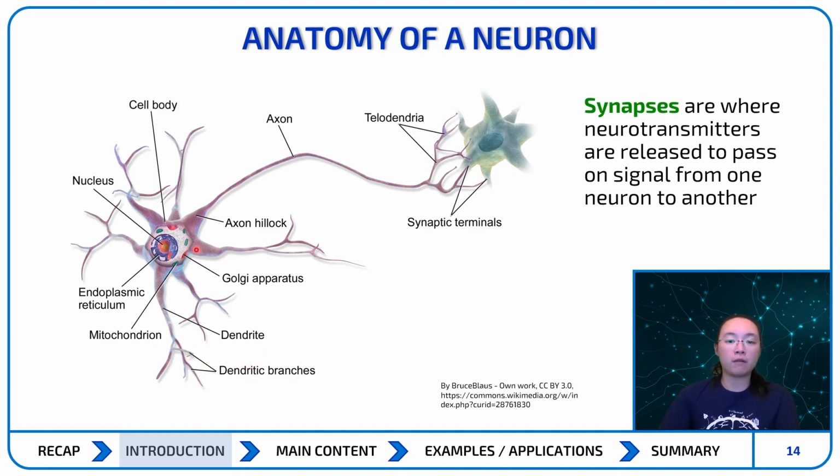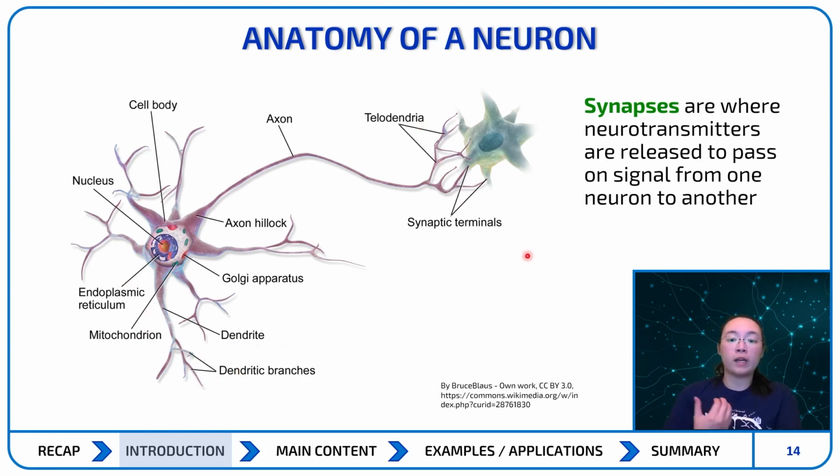You also have an axon that leaves the soma through the axon hillock, and this is a more bulgy part of the soma. And this axon can actually travel as far as 1 meter in a human body to its axon terminals or synaptic terminals, where it will latch onto another neuron through its dendrites.